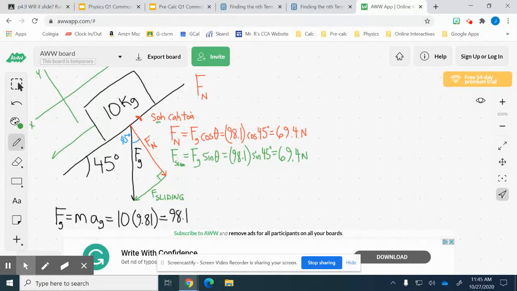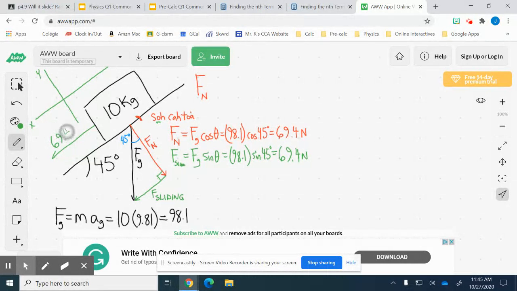Okay, so our question still is, will this thing slide? And if it will slide, how fast will it slide? So what's the next thing we need to do? Now that we know it, I like to write things up where they go. So we know the force trying to slide this thing down the ramp is 69.4 newtons.